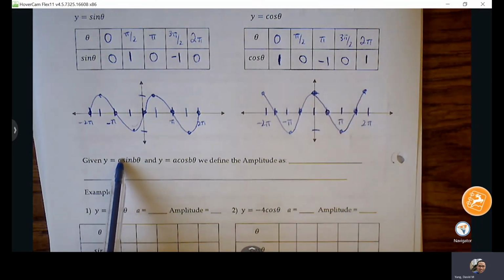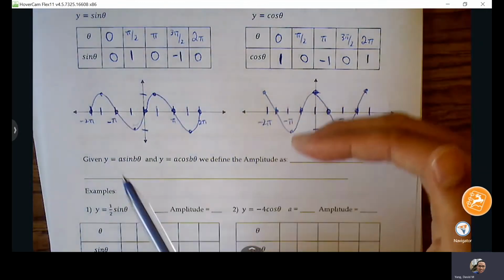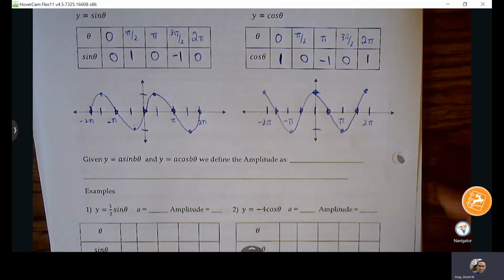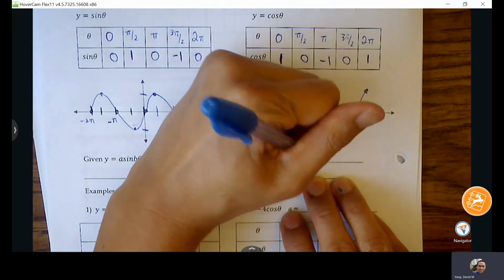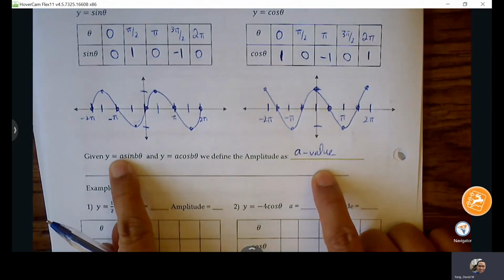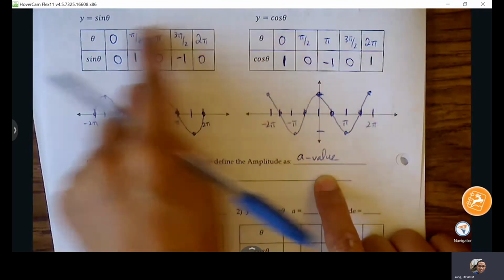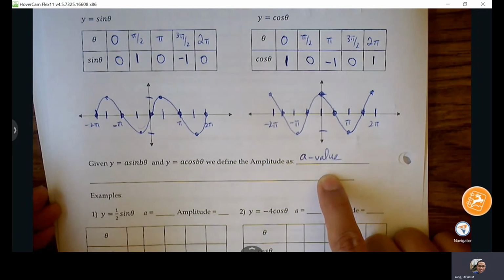And if I multiply a coefficient in front of my parent graphs, my sine and cosine, it's going to end up stretching, and it's going to change the heights of my graph. So amplitude is your A value, basically that coefficient in front of, it could be 2, it could be 3, it could be 5. Right now, we don't necessarily see a coefficient.